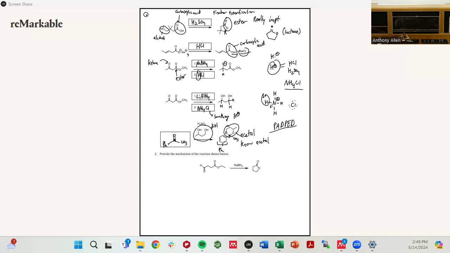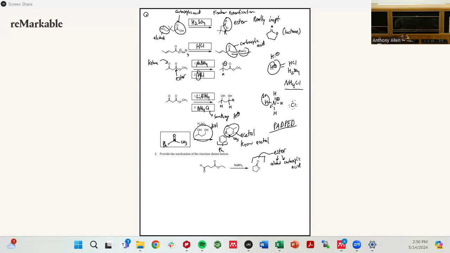Okay, mechanism. What did we form here? What sort of acyl derivative? An ester. Esters typically can come from, we know, alcohol plus carboxylic acid. That's a Fischer esterification. This one's a little bit different.